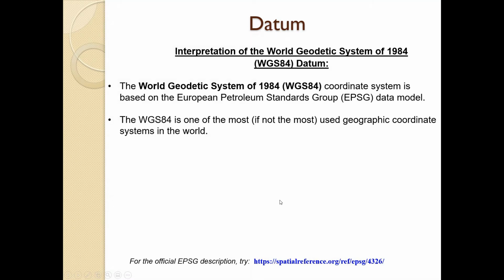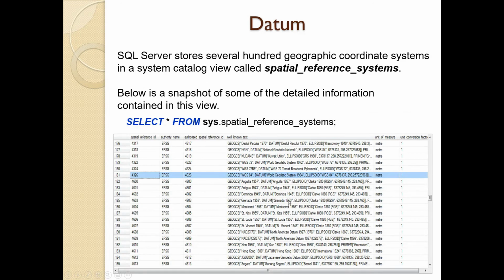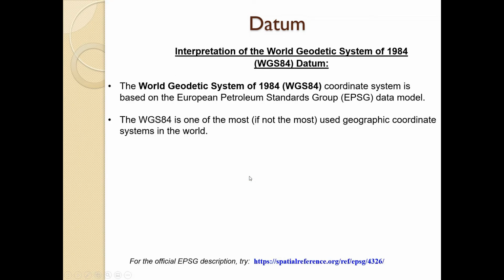The World Geodetic System of 1984, the so-called WGS-84 coordinate system, is based on the European Petroleum Standards Group, or EPSG. And you can see it over here. It's the EPSG 4326. It's the WGS-84. Okay? So that's the data model that was used by the European Petroleum Standards Group.